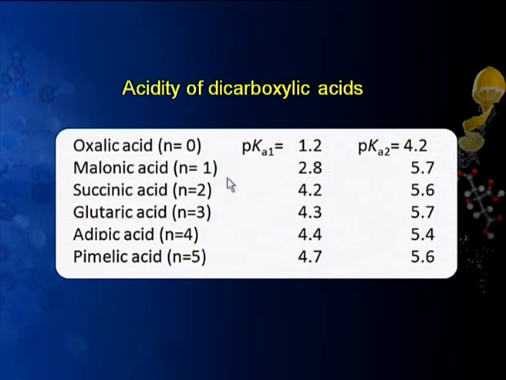We get malonic acid, first dissociation is 2.8, then 5.7, and as the intervening carbons are increasing, we find that the pKa value is also increasing. For pimelic acid, when n is equal to 5, this is behaving almost as an independent carboxylic acid, because for simple acetic acid also the pKa is 4.7. What we find is that second dissociation is definitely difficult, because pKa is increasing, means acidic strength is decreasing.